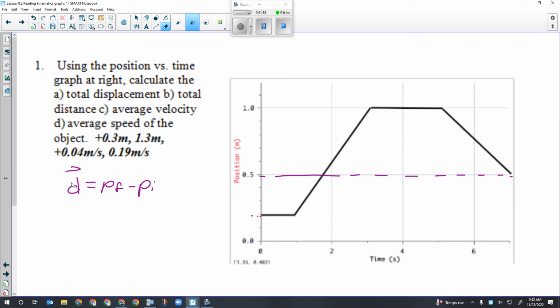Agreed? I'm just reading those values off the graph. So that's going to be 0.5 minus 0.2. That's positive 0.3 meters. Now remember, distance, you got to do section by section. Give you a few minutes on that.